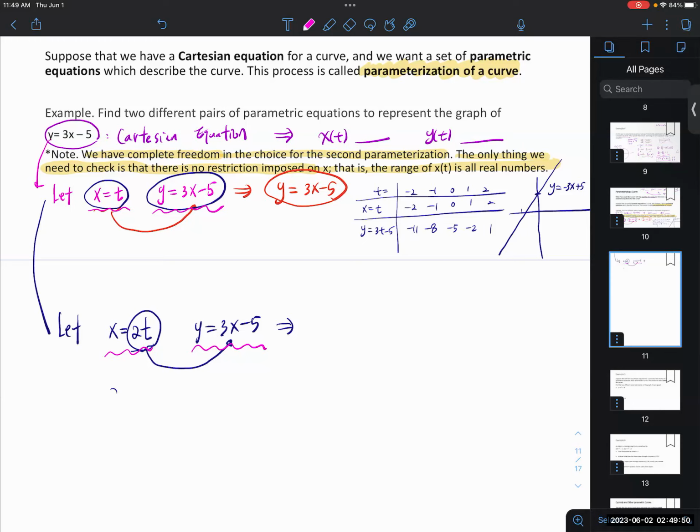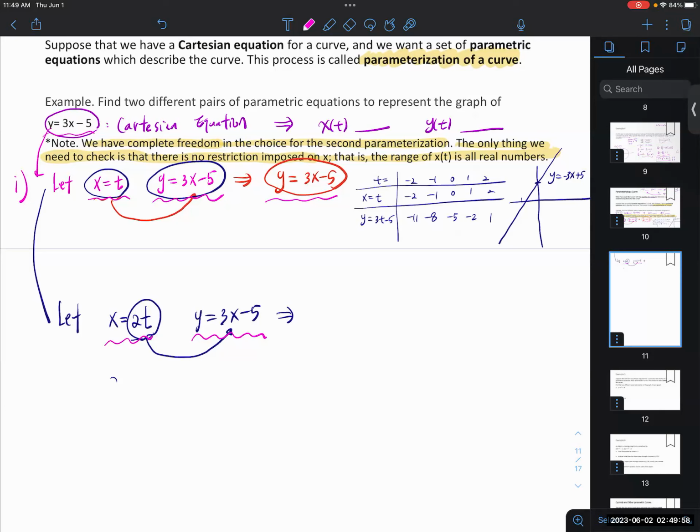So in the first case, we found y equals 3x minus 5 as the same Cartesian equation. In the second case, x equals 2t, so let me plug in: 3 times 2t minus 5. So y equals 6t minus 5.